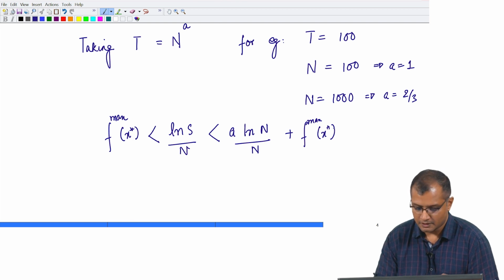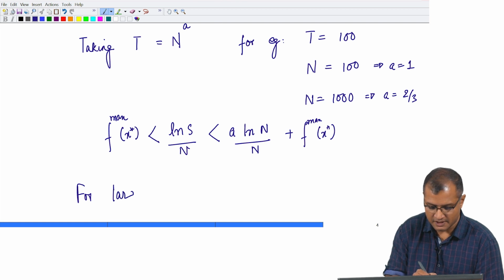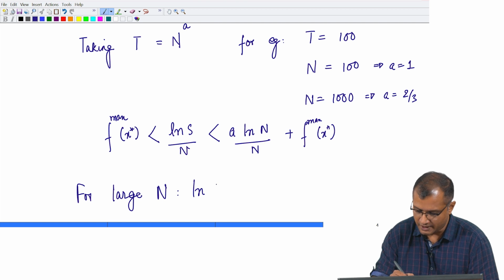Okay. Now, you can see that for large n, which is the case that we are chasing, I can ignore ln n by n.